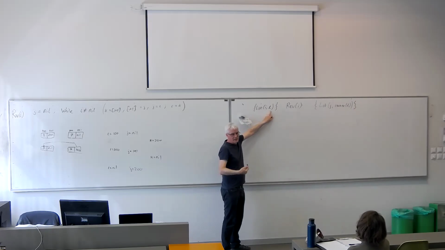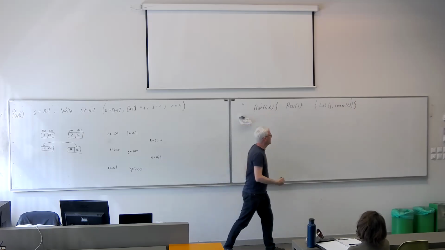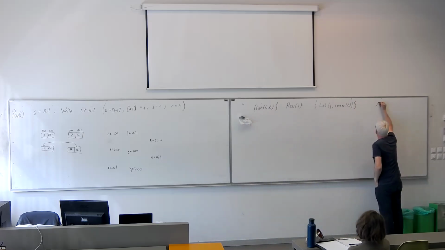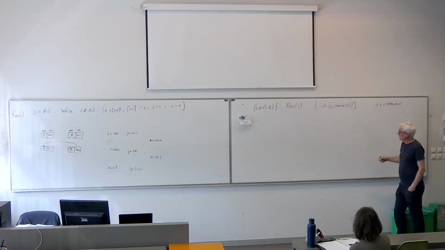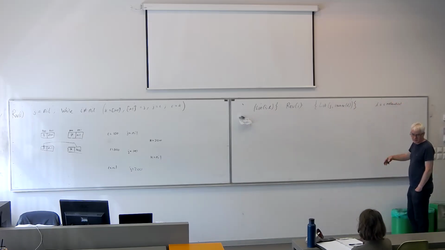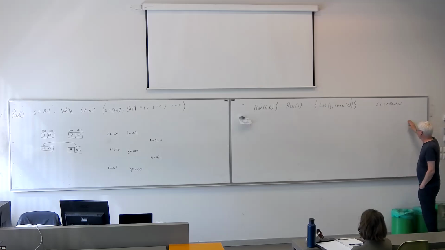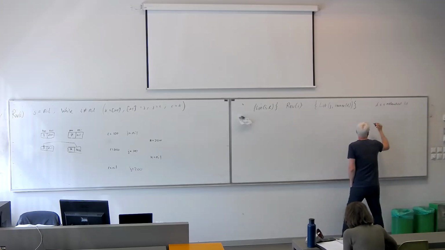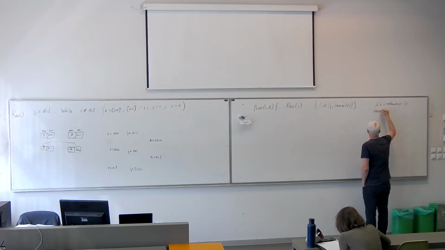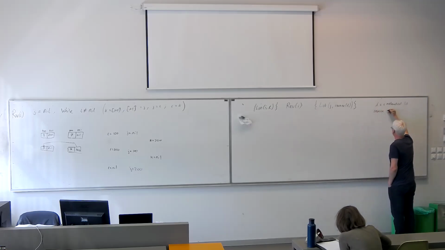So it's actually a mathematical sequence of numbers. L is a mathematical list, not a list implemented in data in heap memory, but an actual sequence of numbers. And reverse is the mathematical reverse function.